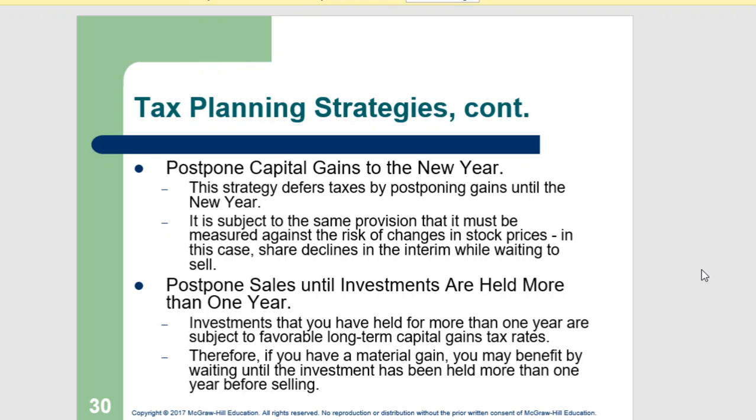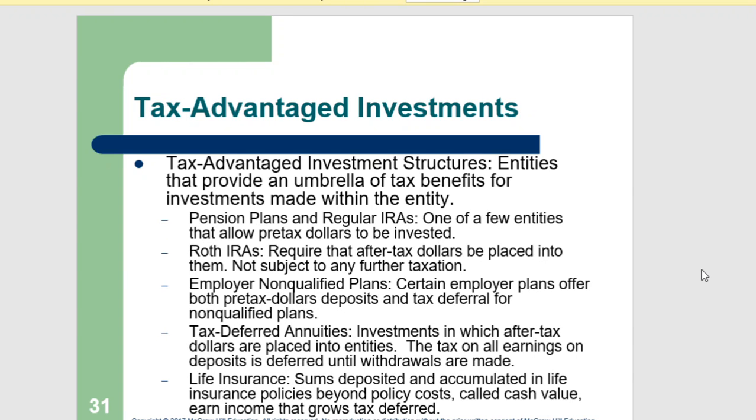Also, you could delay so that you've held it for more than a year and turn it into a long-term gain. Postponing allows you to delay recognition of the tax and potentially change the gain over to a long-term gain. So timing is really important when we're thinking about getting cash out of investments.